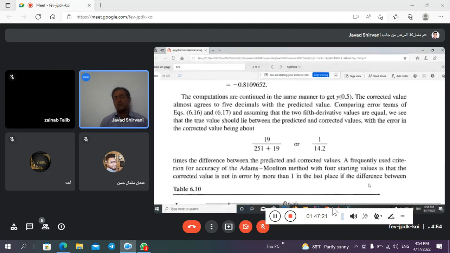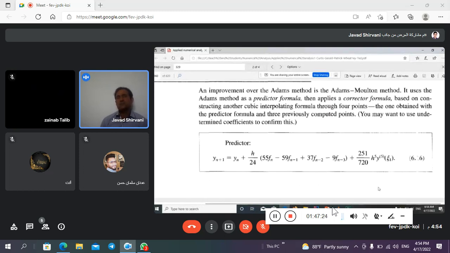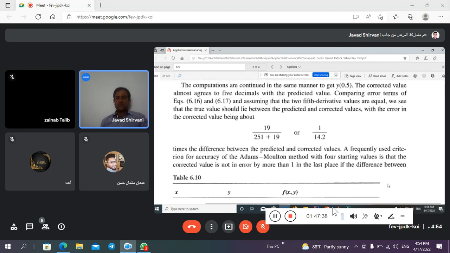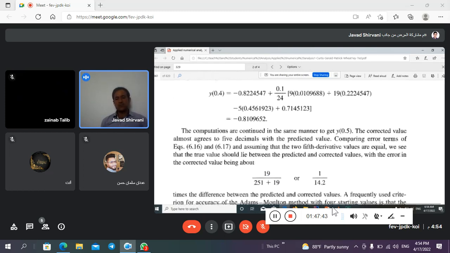We used Euler, modified Euler methods, midpoint, Runge-Kutta of 4th order, Runge-Kutta of 5, Runge-Kutta-Fehlberg, and Adams-Moulton algorithms.